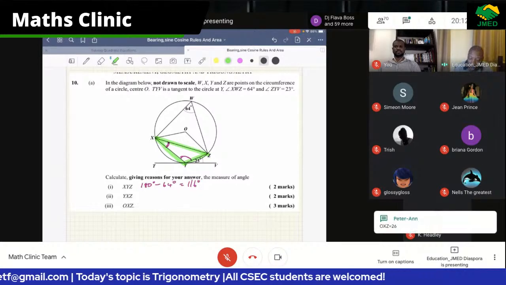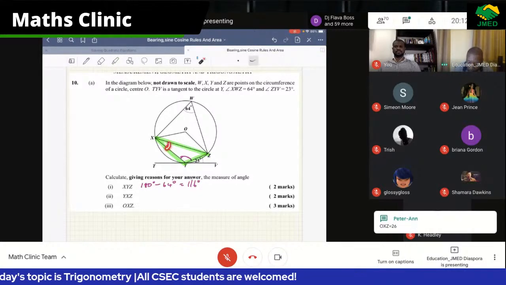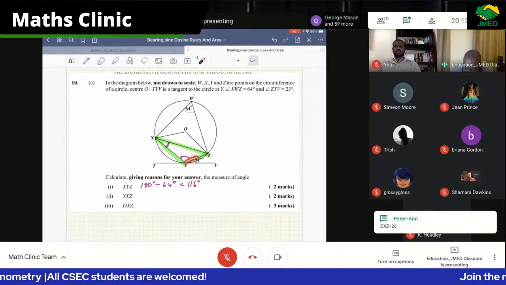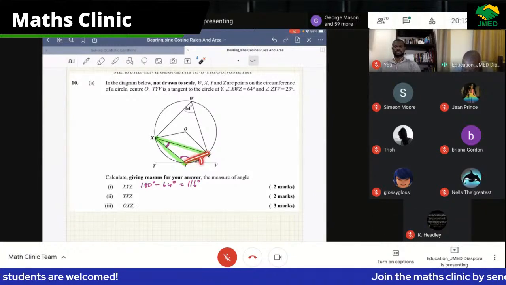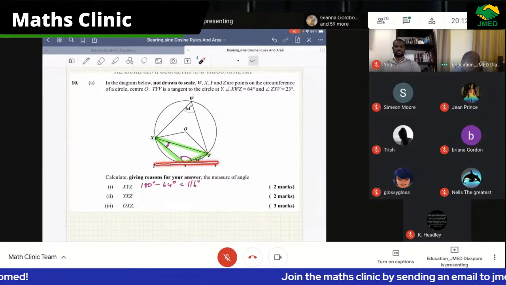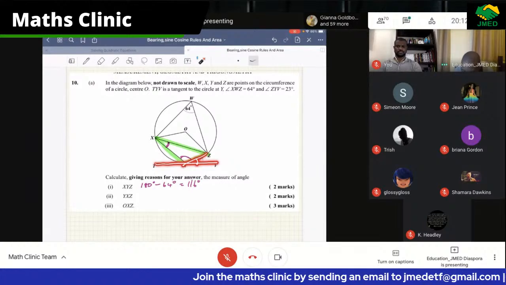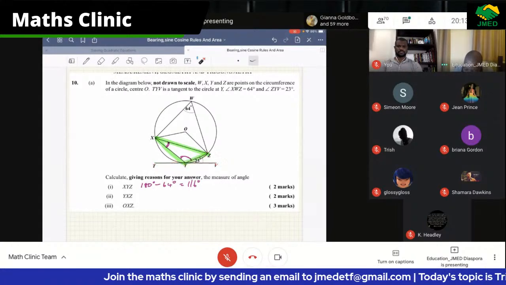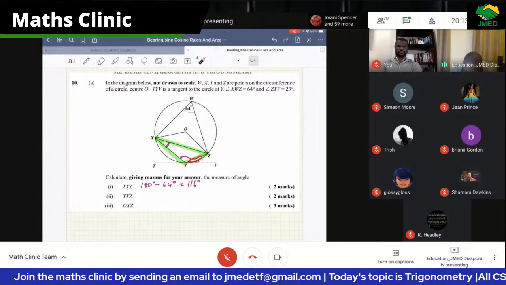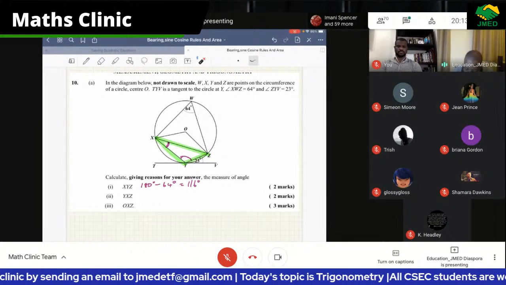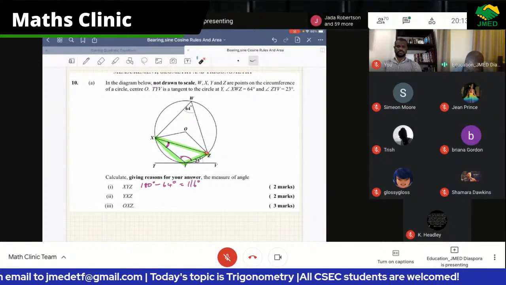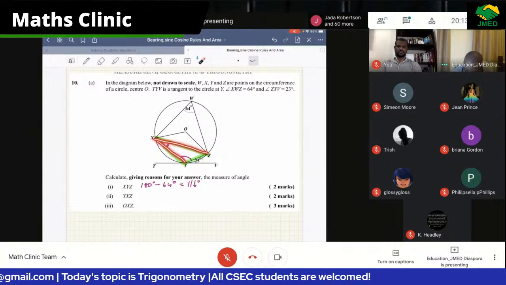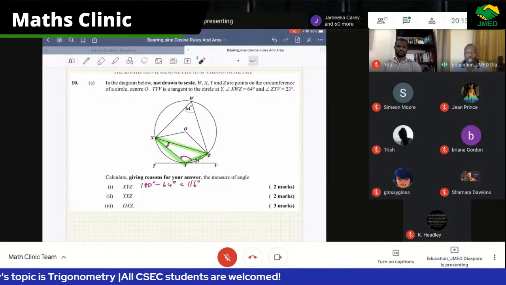Because here we want to find this angle here. But here we've got a segment formed between the tangent and a chord. This angle here is in this segment down here. And the opposite segment to that, joining that chord, those angles are the same.